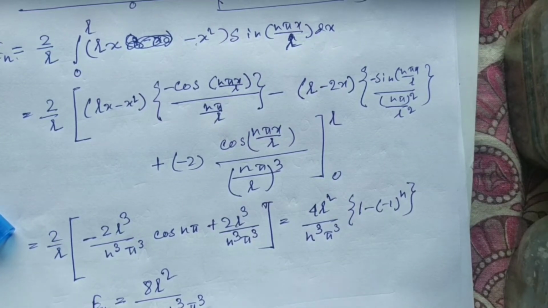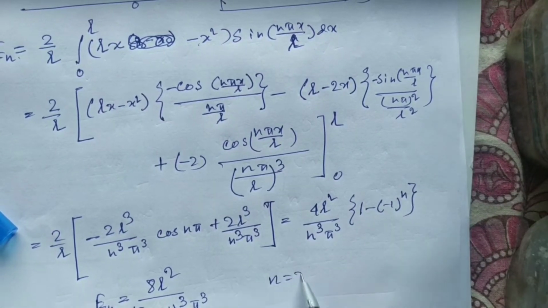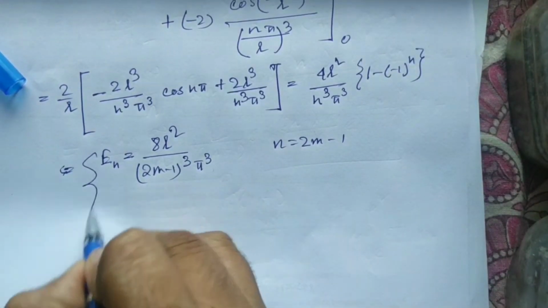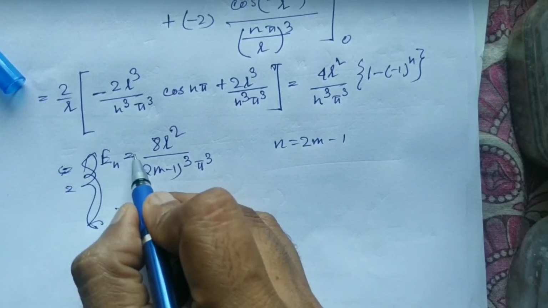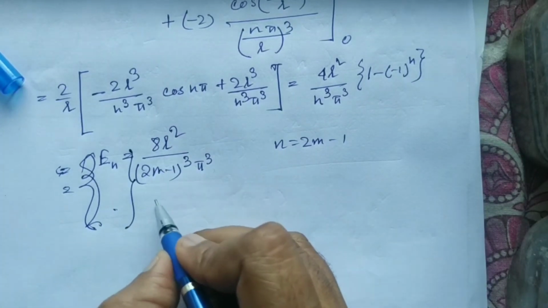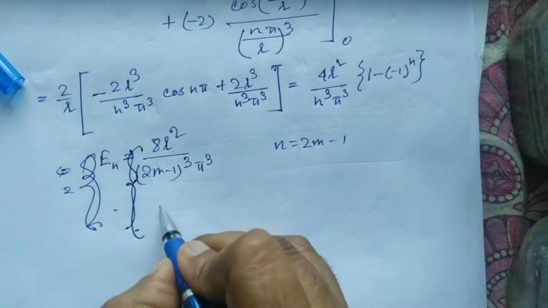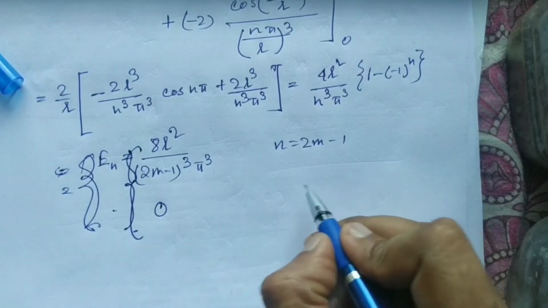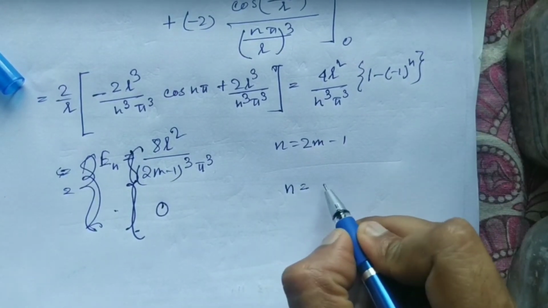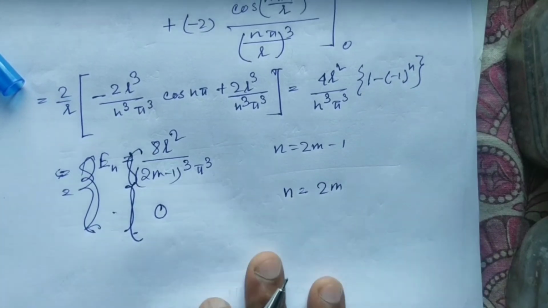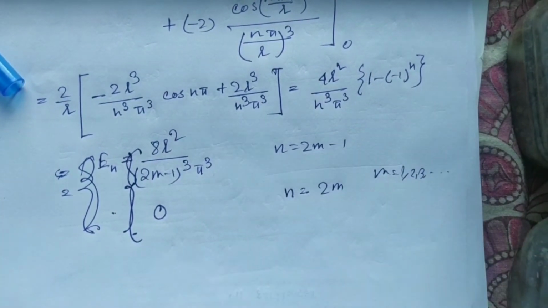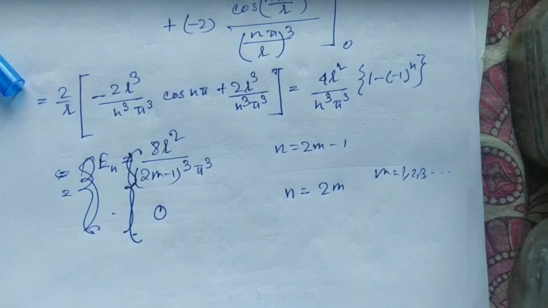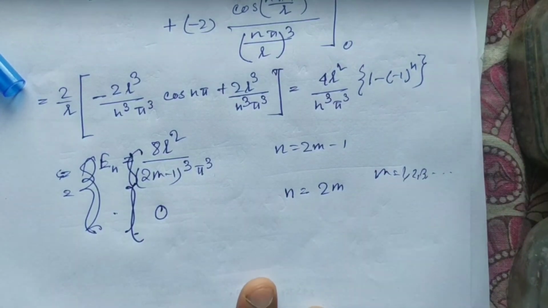And this is equal to 0 for n equal to 2m, that is all even numbers, when m is equal to 1, 2, 3, etc. So this is the constant.